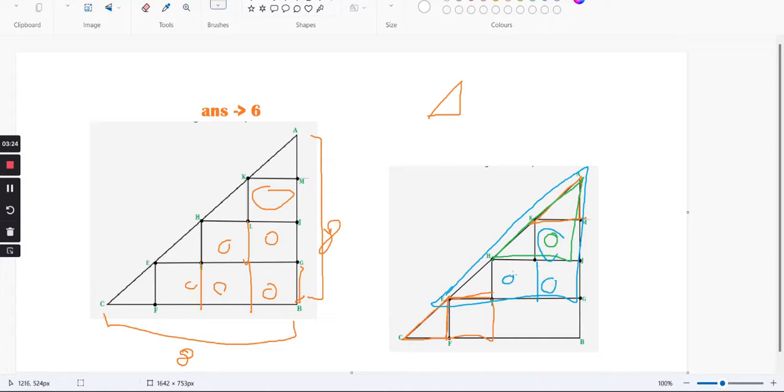3. So now you would have observed that when we are starting from the top, we are having one square. Then in the bottom row, we are having two squares. And similarly, if I consider the row below it, I will be having three squares, right? So what will be the total count of squares?